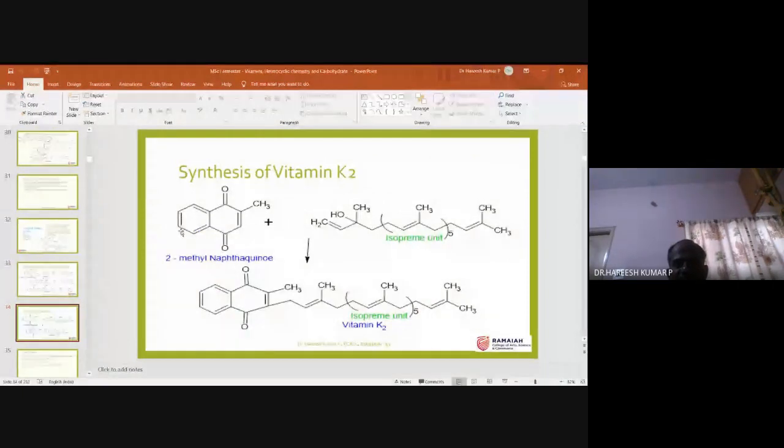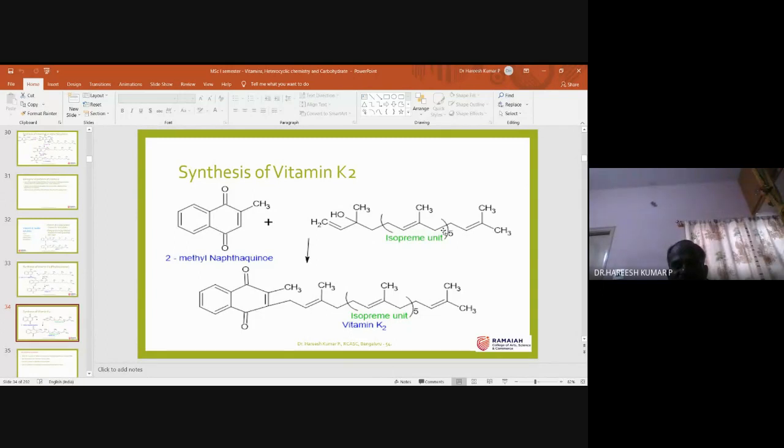So here the name of the reactant is 2-methyl naphthoquinone, whereas in the previous one, we took 2-methyl 1,4 naphthoquinol. Alcohol was taken, but here a quinone group is taken. And one more reactant is a long chain one.